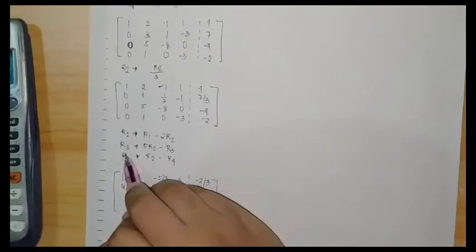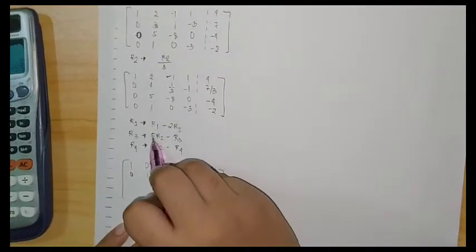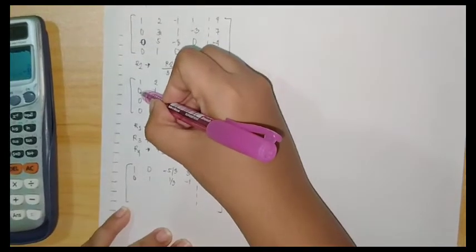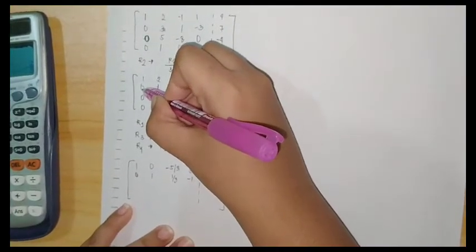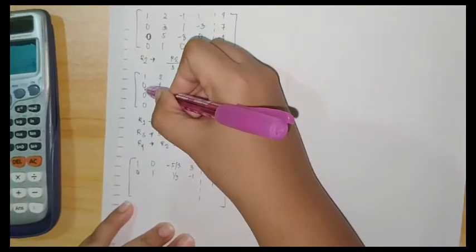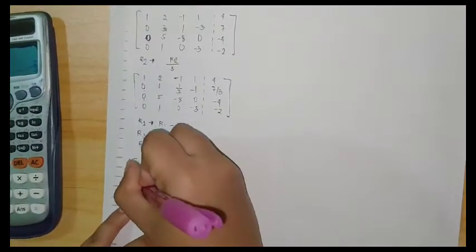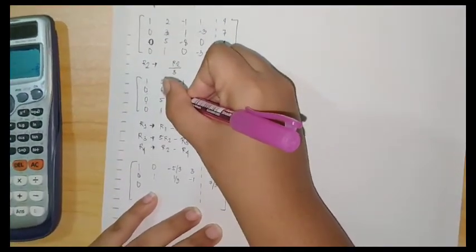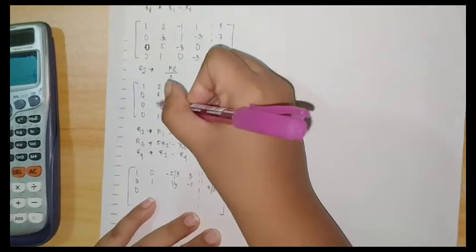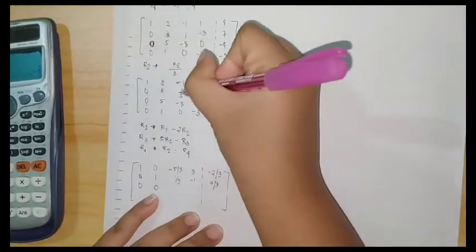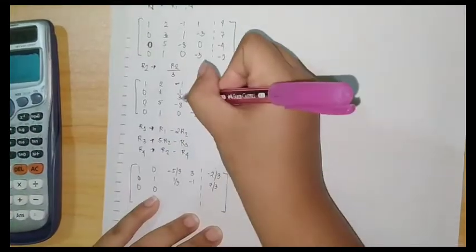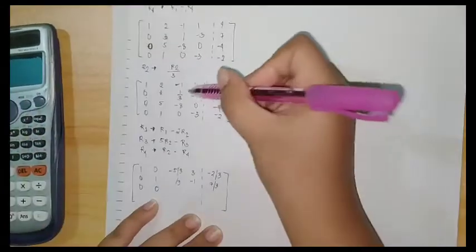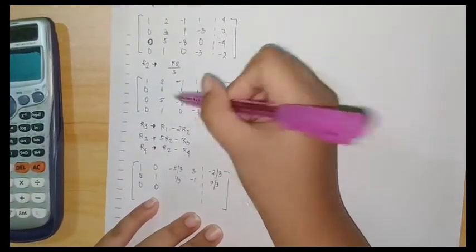So for the new R3, 5 times R2 minus R3. So 5 times 0 minus R3, which is 0, is equal to 0. And then 5 times 1, 5 minus 5 is equal to 0. Then 5 times 1/3 minus negative 8.